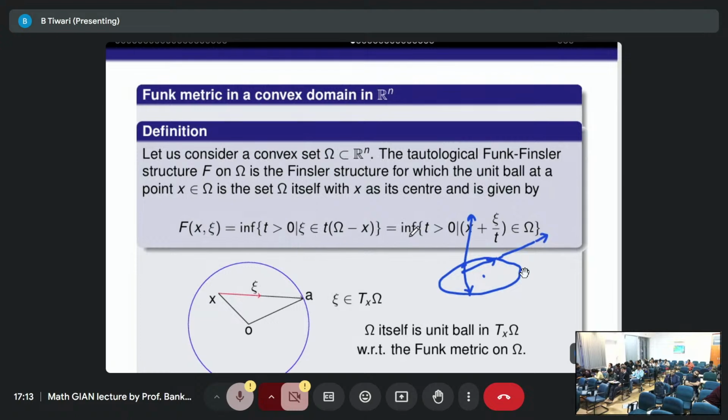So you take the infimum of that real number t at which it intersects the boundary at this point. For instance, if 2 times xi meets the boundary, then the norm of xi is equal to 1 upon 2. So you can have this Finsler structure, and this is called the Funk-Finsler structure for this convex set omega.